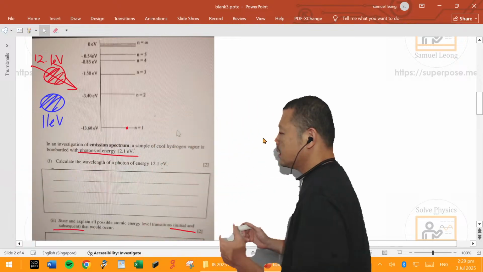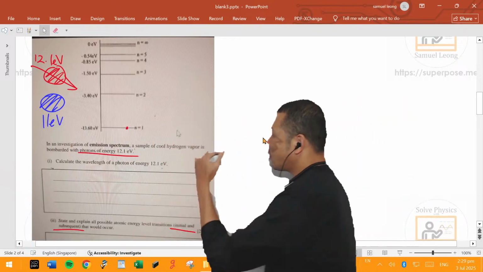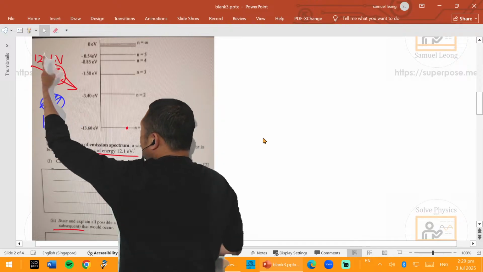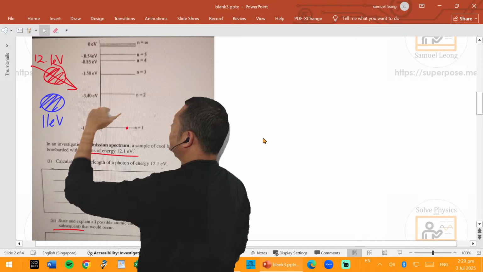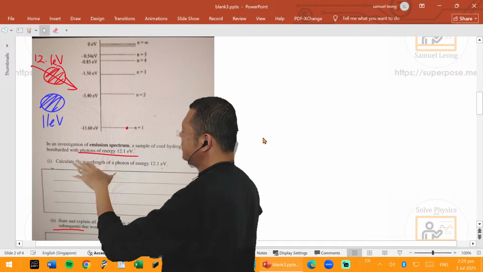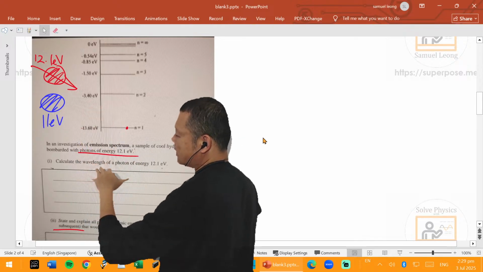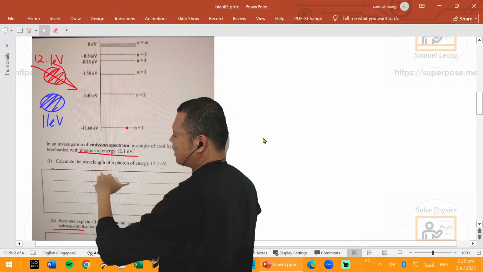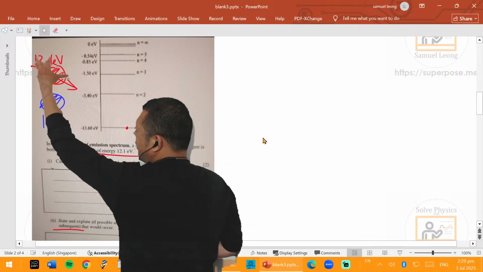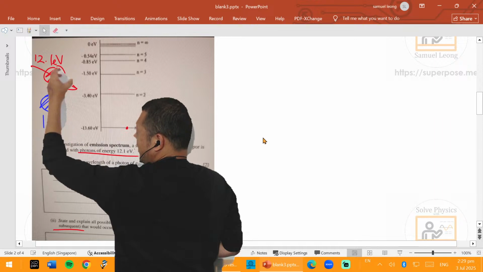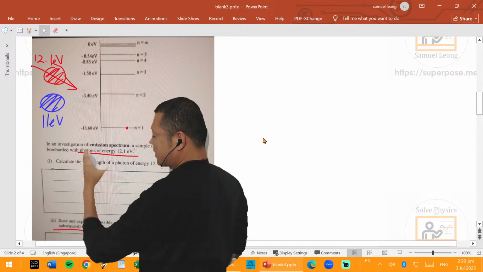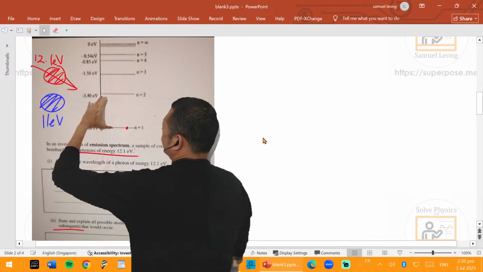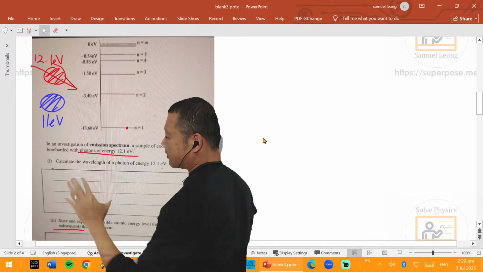Celeste, energy levels. What's the criteria for the photon to be absorbed by an electron with regards to the energy levels? The energy of the photon must match exactly one of the transitions.